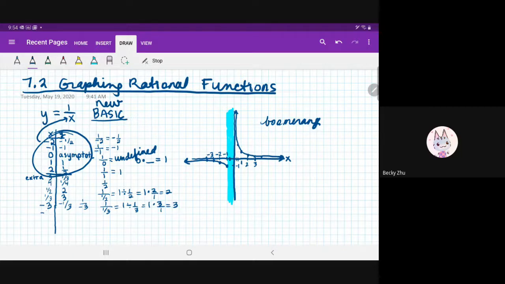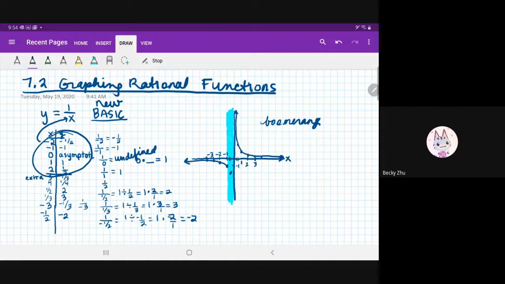So I'm going to substitute in -1/2. So 1 divided by -1/2 is 1 times -2/1, which is -2. So -1/2 gives me -2.